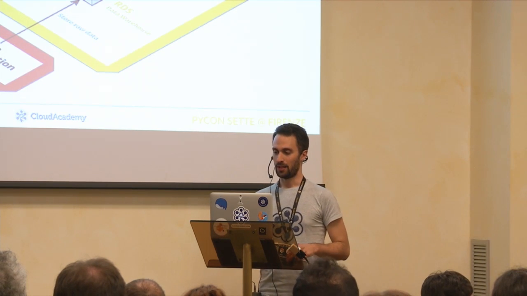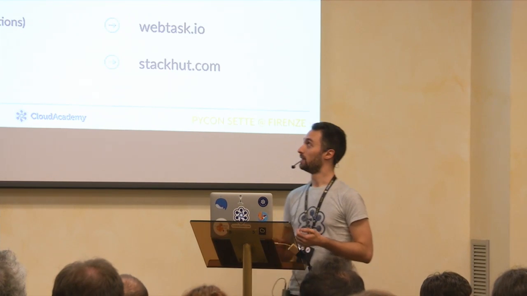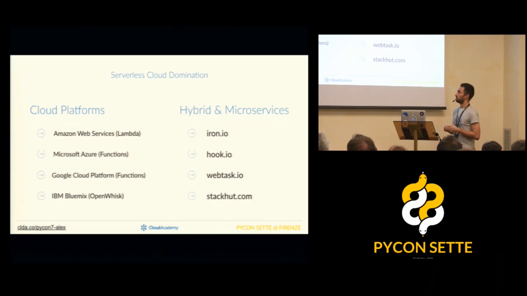Okay, what about other cloud providers and platforms? Well, I'm excited about Amazon, but recently there have been a lot of other services announced and published by other cloud platforms like Azure or Google Cloud Platform, even IBM Bluemix.